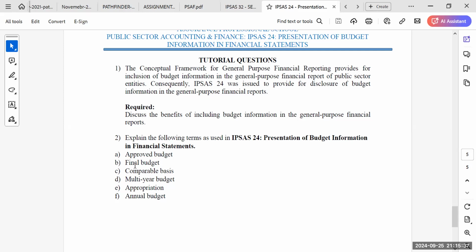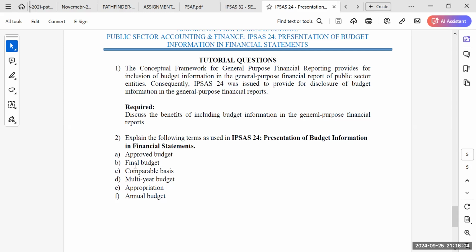Let's come to the comparable basis. What do you mean by comparable basis? Okay, so the comparable basis is just that way of presenting information by including the budgetary information just for the purposes of comparison.